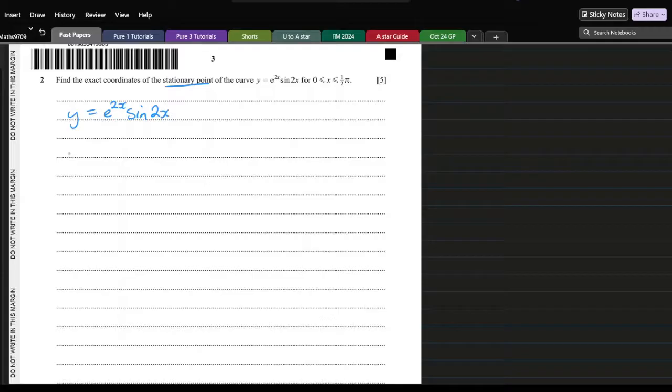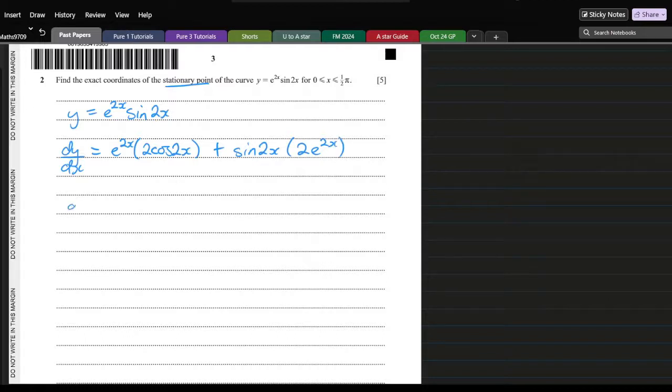So our dy dx here is equal to, let's start by holding the e to the 2x, then differentiate sine 2x. If you differentiate sine 2x, you get 2 cos 2x plus, now let's hold the sine 2x and differentiate the e to the 2x, so that gives us 2e to the 2x.